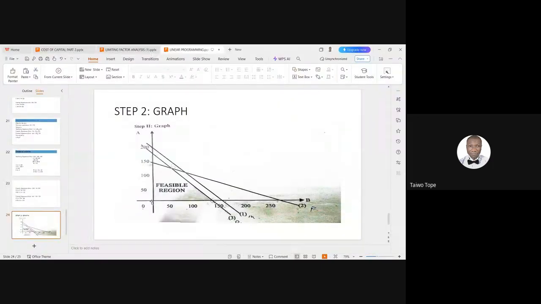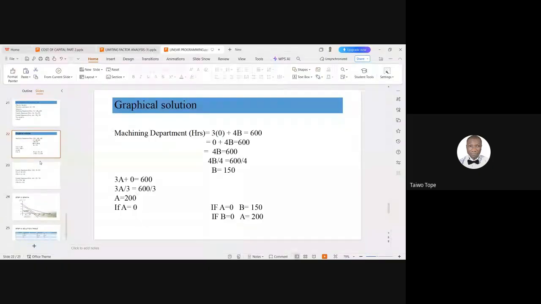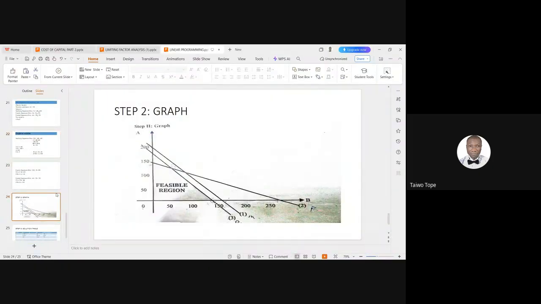for the machining department, B is what? When B is 150, what is A?